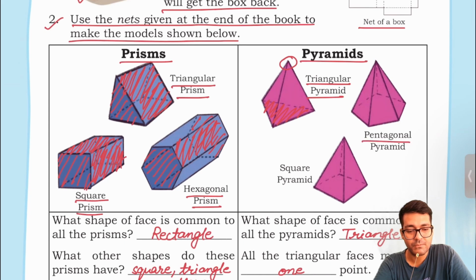Similarly, in a pentagonal pyramid, the base is of pentagonal shape and the other faces are triangular, meeting at a single point. Similarly, in a square pyramid, the face at the base is of square shape and the other faces are triangular, meeting at a single point. Let's see the nets given at the end of the book.